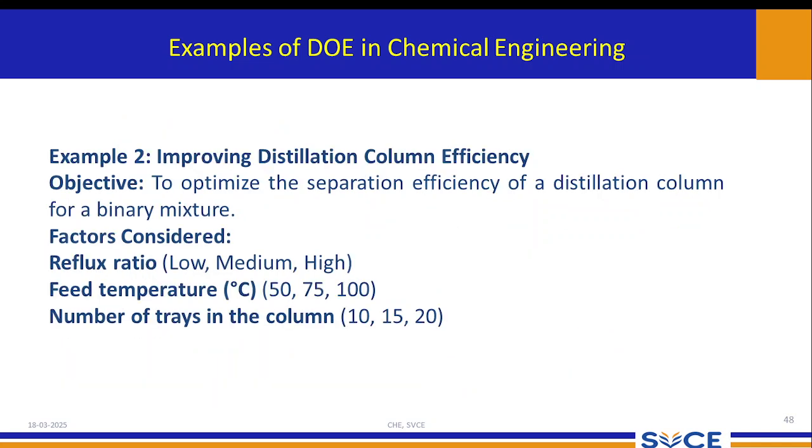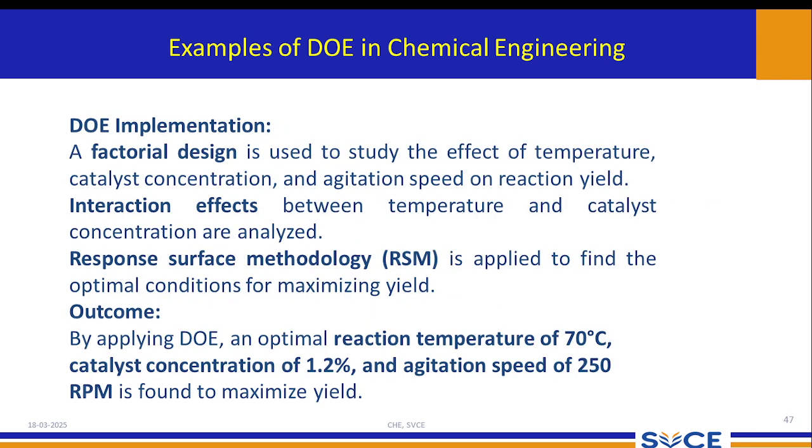While getting the optimized point, we also need to highlight which factor is more significant. For example, reaction temperature: if the reaction is endothermic, we need to keep the reactor temperature lower.